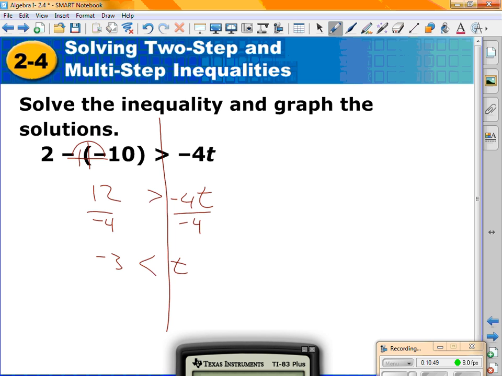I just take this entire problem and I just flip it. T greater than negative 3. The alligator still has to eat the t, regardless. When you flip it, it still has to eat the t. Negative 3, open, to the right. There's your graph.